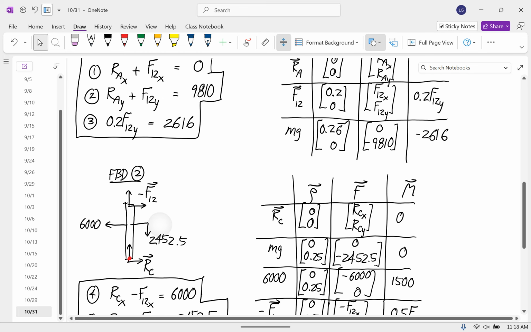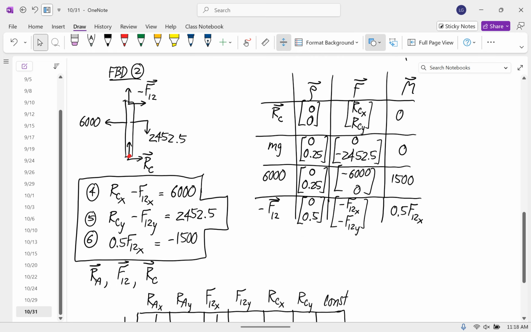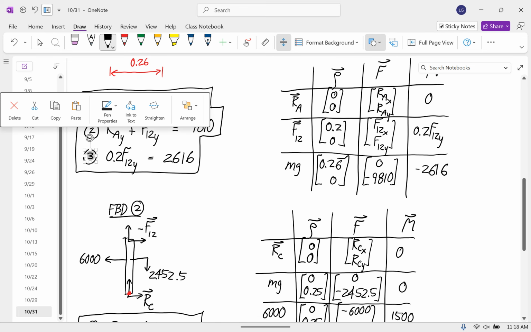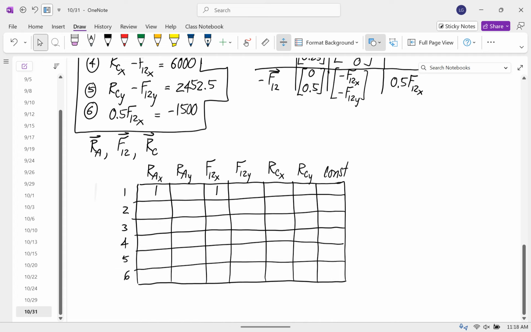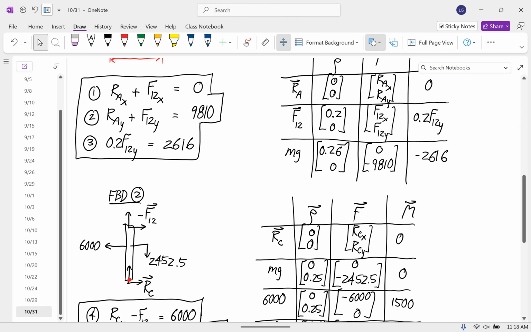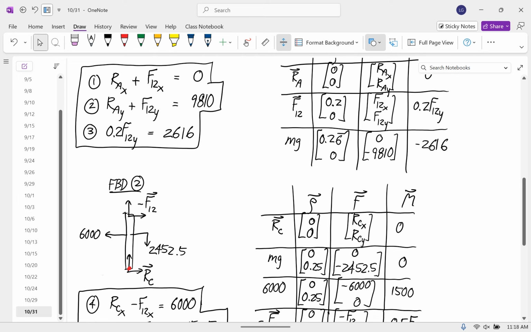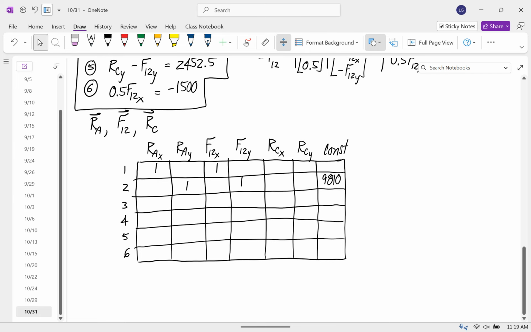Okay, so equation 1, RAX and F12X, we have 1. Equation 2, the y components of those same things have coefficients of 1, and then 9810 is the constant. So 1, 1, 9810. Equation 3, F12y has 0.2, and then the constant was 2616.